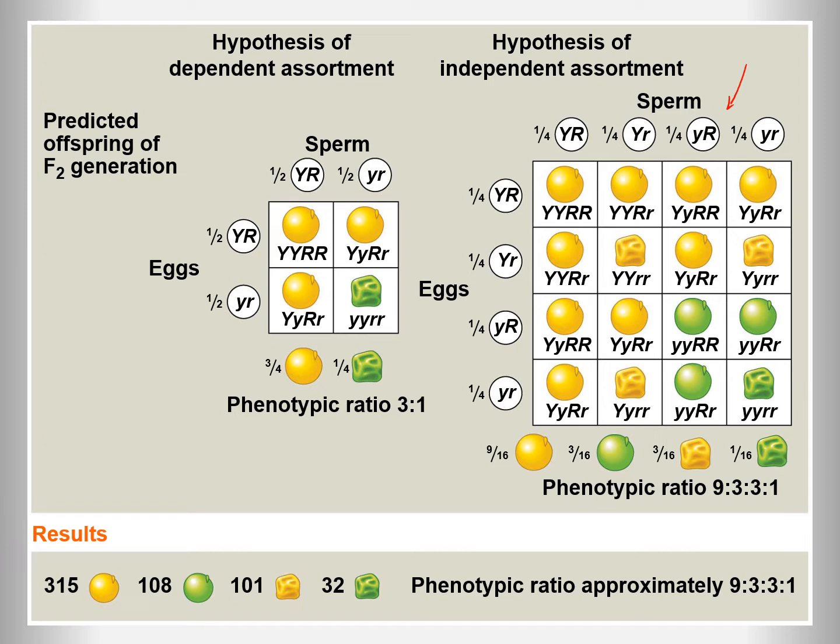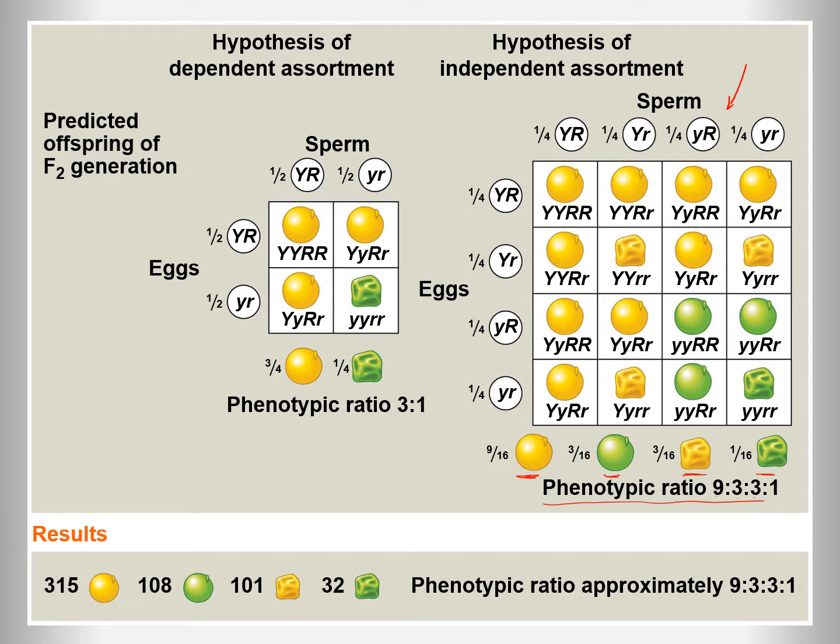And of course, what Mendel observed was, in fact, this scenario, where 9 of the offspring were dominant for both color and shape, 3 were dominant for shape and recessive for color, 3 were dominant for color but recessive for shape, and 1 was recessive for both. This 9:3:3:1 ratio of phenotypes is always observed in a dihybrid cross if the two genes are not linked.